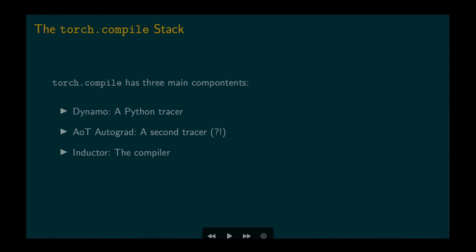We are mostly going to be talking about the first one because it's the more difficult one. The other 2 are, at least conceptually, easier to understand. I have slides for the last 2. If we have time, we'll mention a few things about the second tracer and the compiler. But we're going to spend most of the time talking about Dynamo.